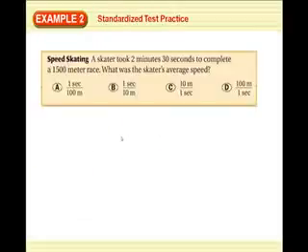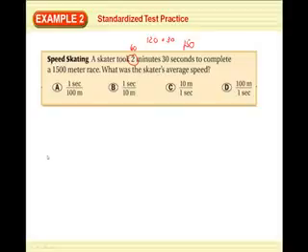Okay, speed skating. A speed skater took 2 minutes, 30 seconds to complete a 1,500-meter race. What is the skater's average speed? Notice they have it in seconds, so I need to change 2 minutes, 30 seconds to seconds. This is 2 times 60, which would be 120, plus 30 for 150.